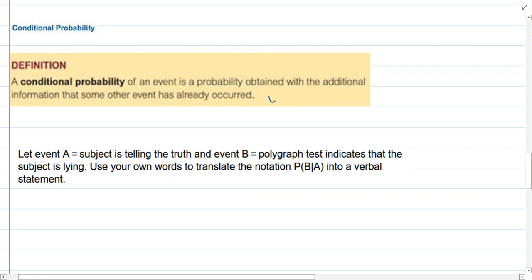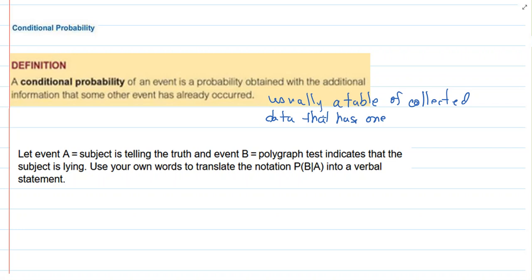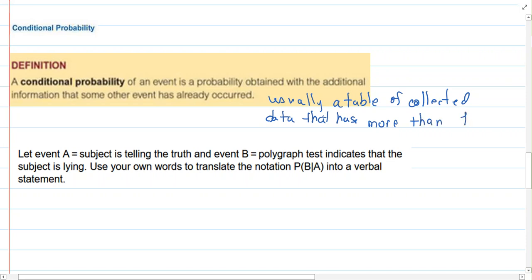And this is usually a table of collected data that has more than one category distinction.